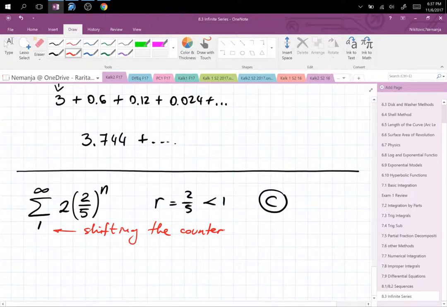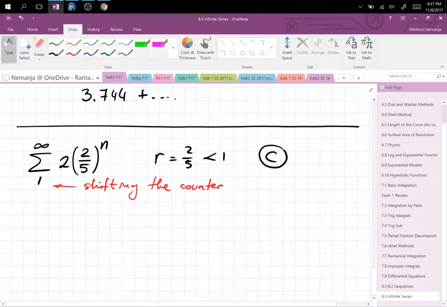Shifting the counter. Now, this procedure is important for your differential equations. Who's taking differential equations here? Anyone? Yeah. Well, who will take? That's the differential equations crew?